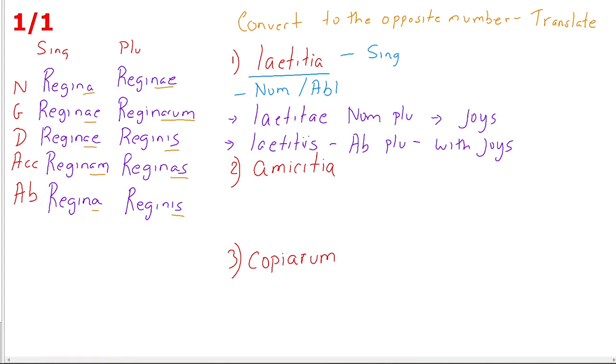Look at what is ending with a. You have nominative and ablative ending with a. So it can either be nominative or ablative. Two possibilities. Then you translate into the opposite number, plural.